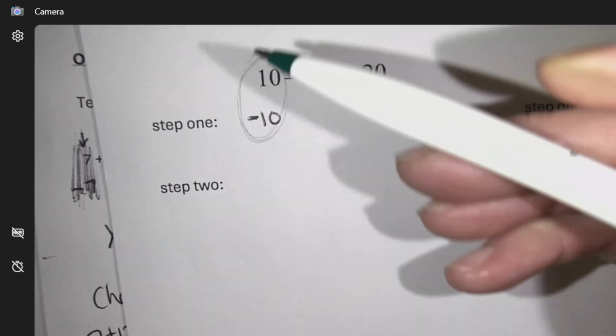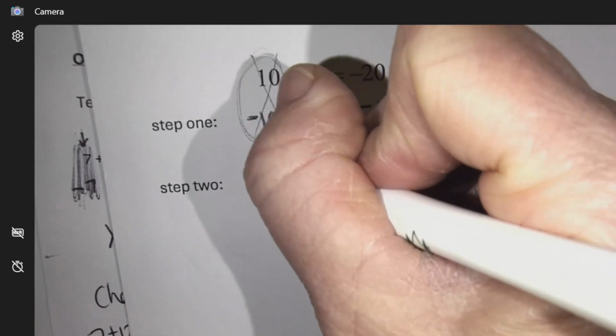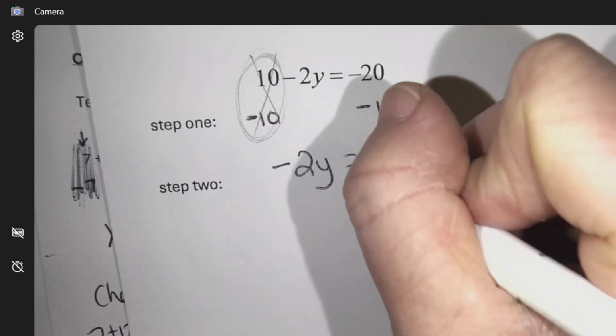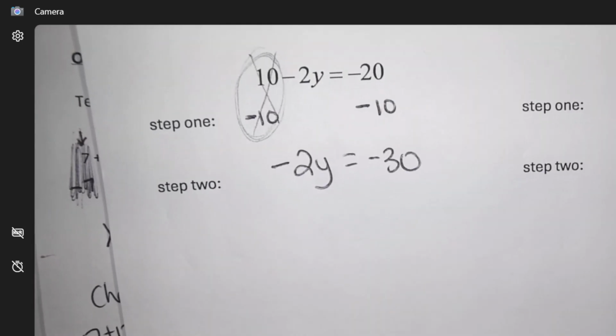10 minus 10, right? That's the part that goes. So, negative 2y. Did you copy that down? The negative? You don't have your calculators. What's this integer math? If you go down 20 and then down 10 more, negative 30.